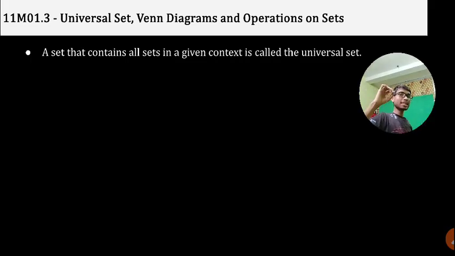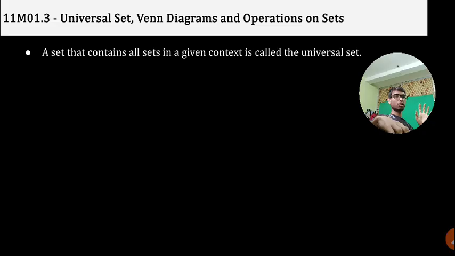A set that contains all sets in a given context is called the universal set. If a set is containing all sets, it will be universal, which means very big. This is a big set which is containing all sets. This is a simple definition of a universal set.